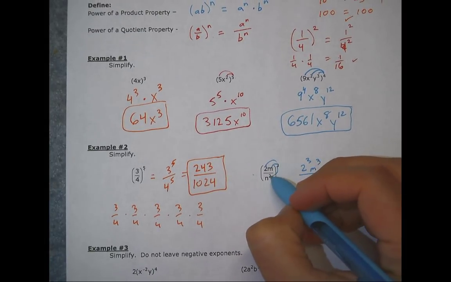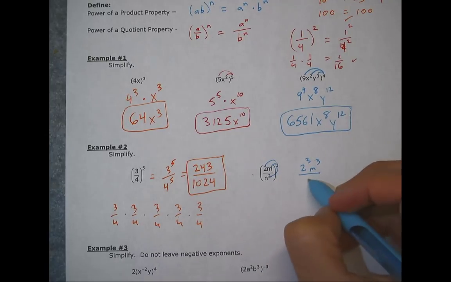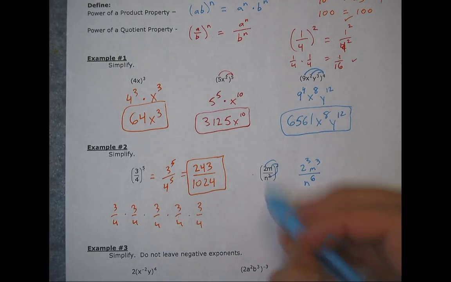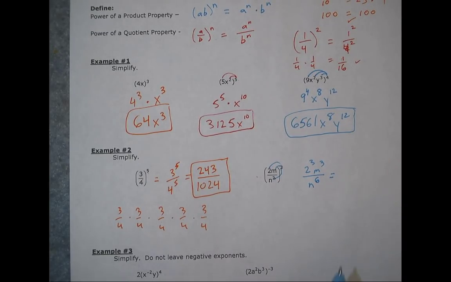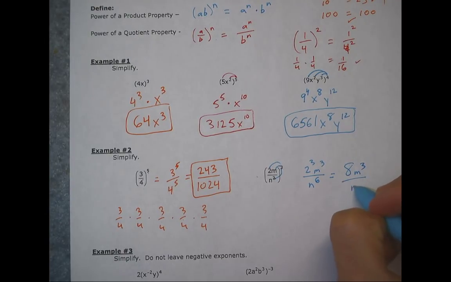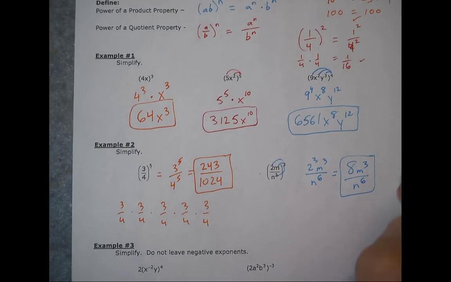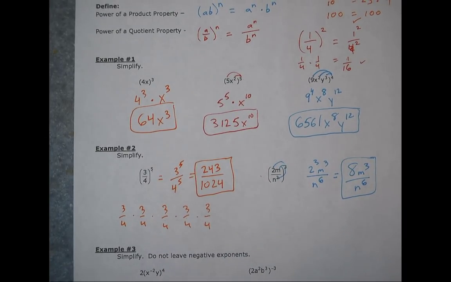And then we bring it to the bottom, you're going to have to multiply there, and that's n to the 6th. At that point, you'd simplify. 2 to the 3rd is 8. And none of the letters canceled. We don't have any negative exponents, so we don't have to move anything around. That's a good final answer.